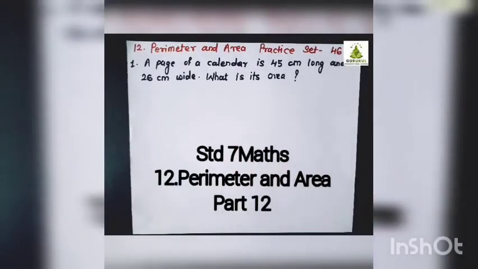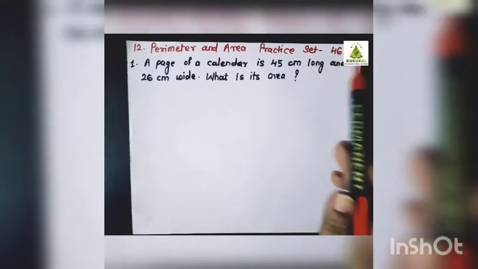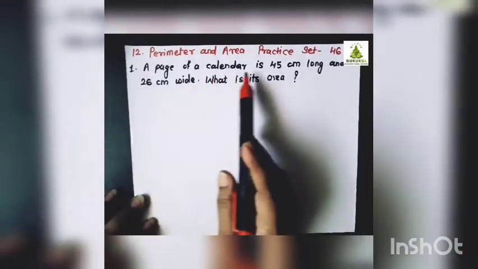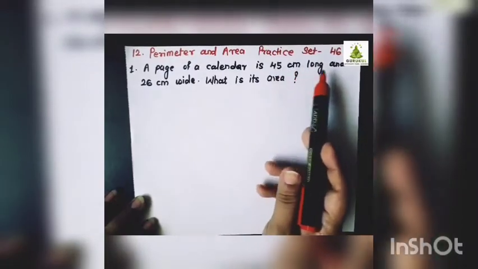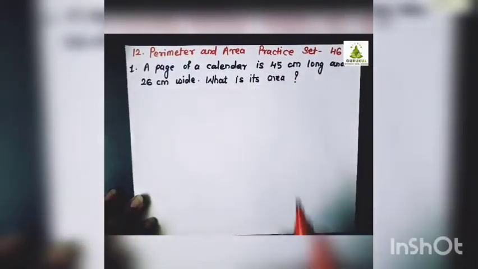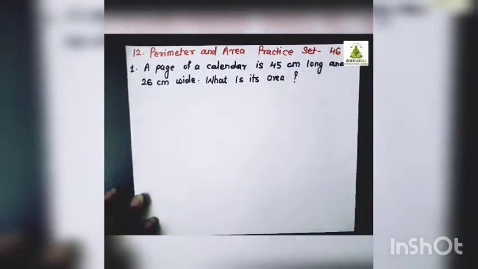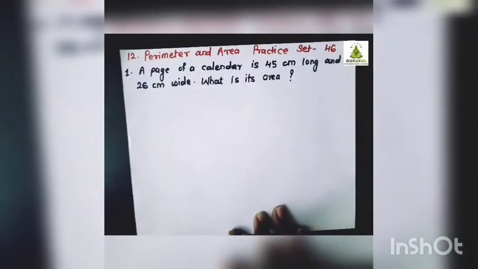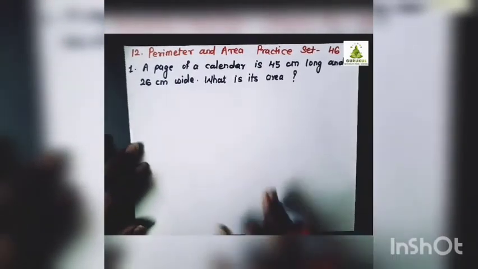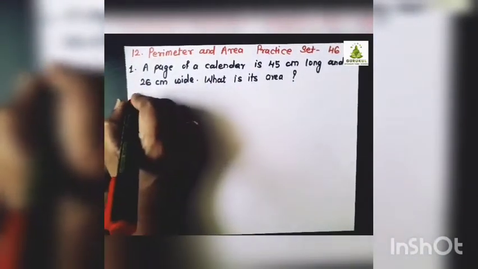Lesson number 12, perimeter and area, practice set 46. First sum that we are going to see: a page of a calendar is 45 centimeters long and 26 centimeters wide. What is its area? Now, as we have explained earlier, practice set 46 sums are based on the formulas, which include the area of a triangle. But the first sum they have given is of a calendar.